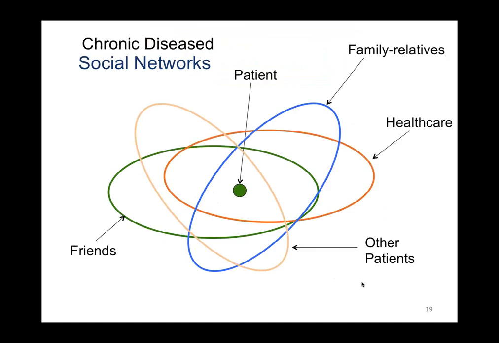And I described here how it looks, where the patients and families are central and managers of a family relative network, a healthcare network with healthcare providers, other patients, families, and friends, for example. And they manage also the communication between the networks and control the information. So they are really empowered by the system.